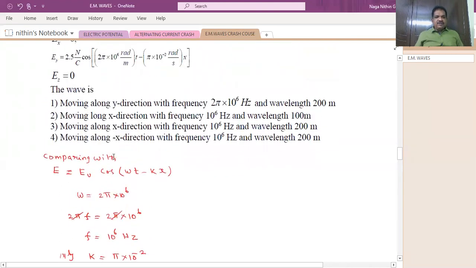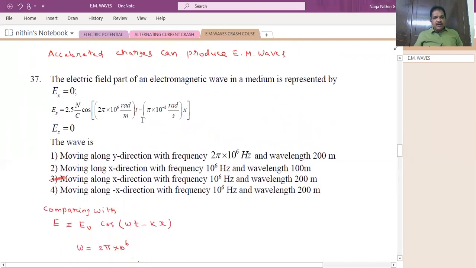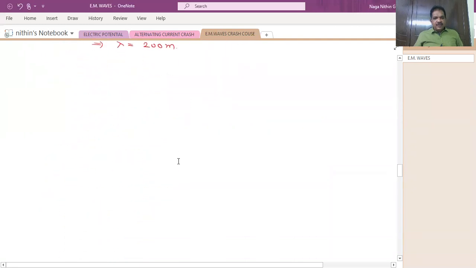Here cos is given, so omega t minus kx means it is going along the positive x-axis. Going along the positive x-axis, frequency we got 10 power 6 Hz, wavelength we got 200 meter. Third option will be the answer for it.